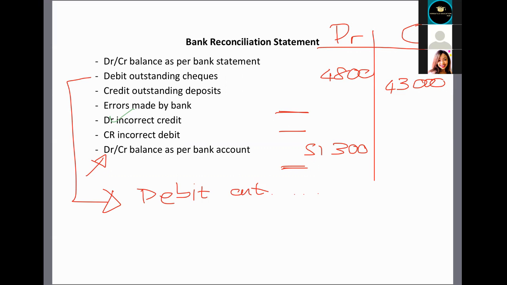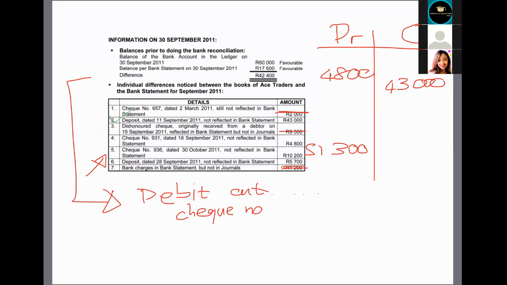And then underneath this, you say check number. And then you go back to your question and you see what's the check number. So our check number here is 931, and so you write that check number. So I'm going to say check number 931.